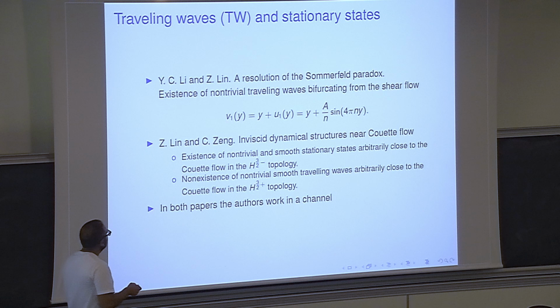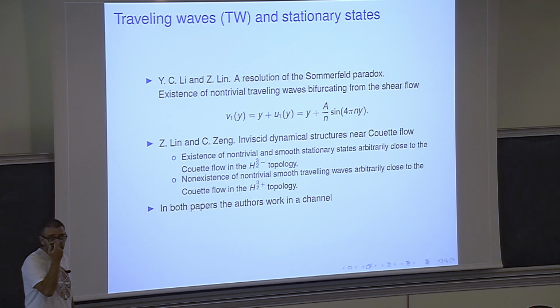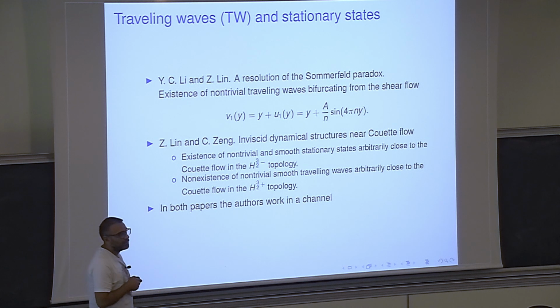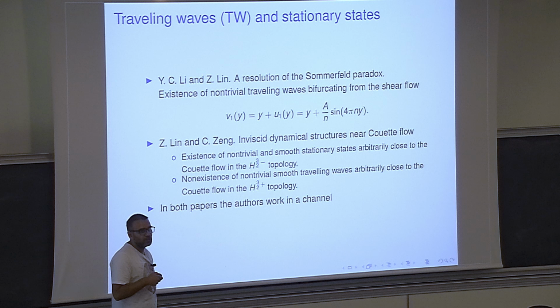They were also able to prove that if you measure the distance in H3/2 plus, then there is no non-trivial traveling wave arbitrarily close to the Couette flow. Here trivial means that the dependence on the x variable is trivial.